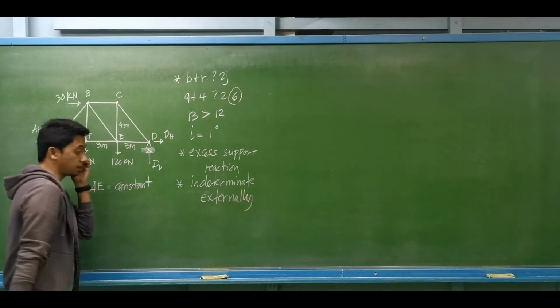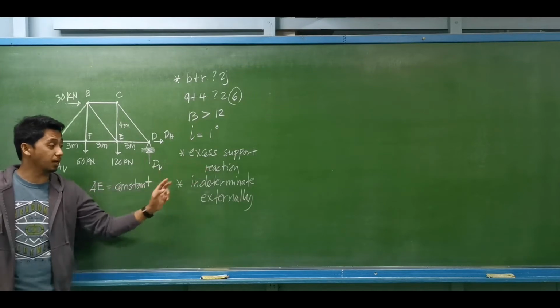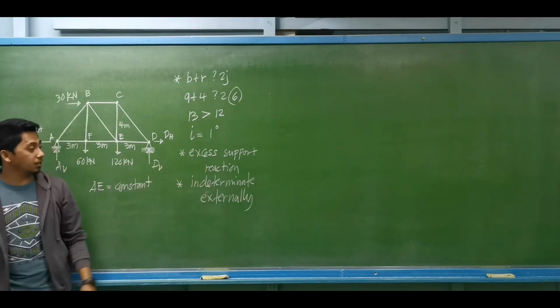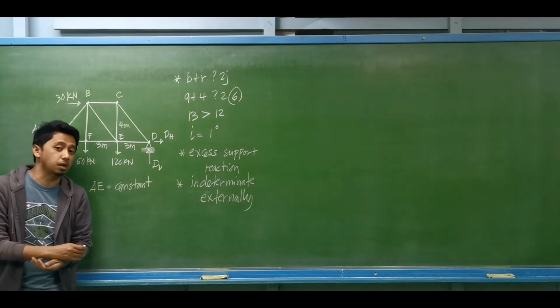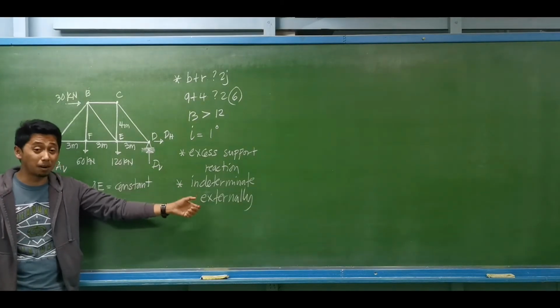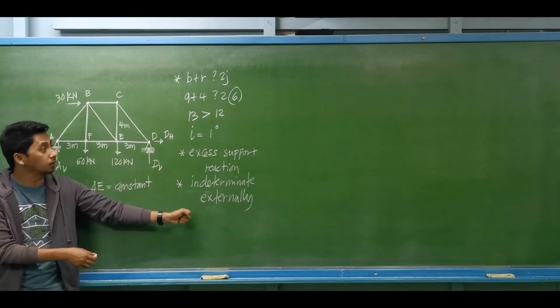Since the cause of indeterminacy is an excess support reaction, this truss is indeterminate externally. If we have an excess bar force or excess bar member, that is considered to be indeterminate internally.